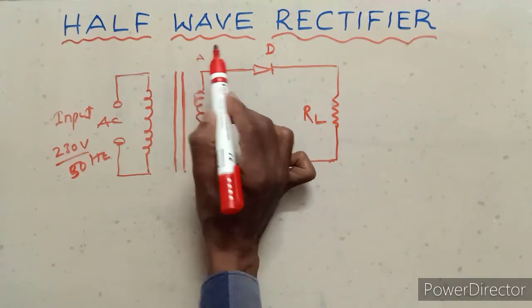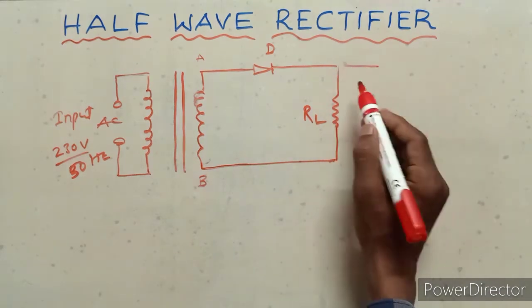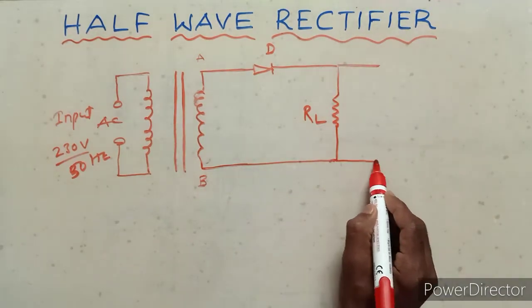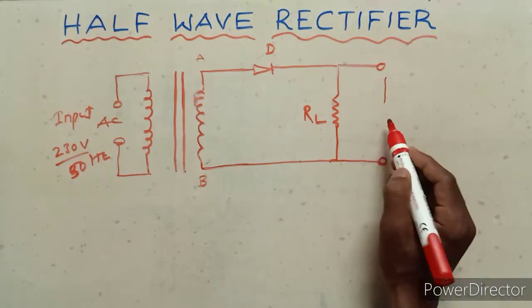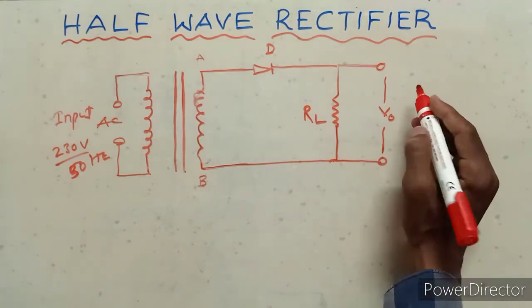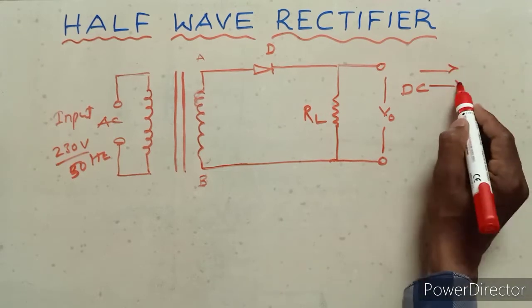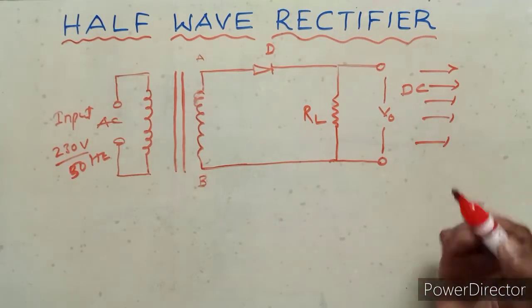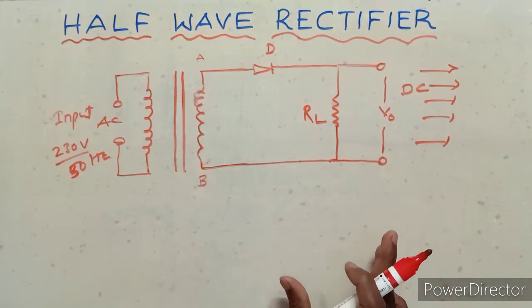This is the point A, this is the point B. Finally, output voltage is coming. So this output voltage is the DC, steady current. So this is the half-wave rectifier.